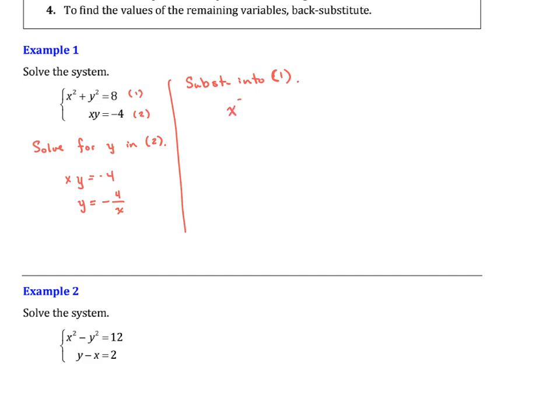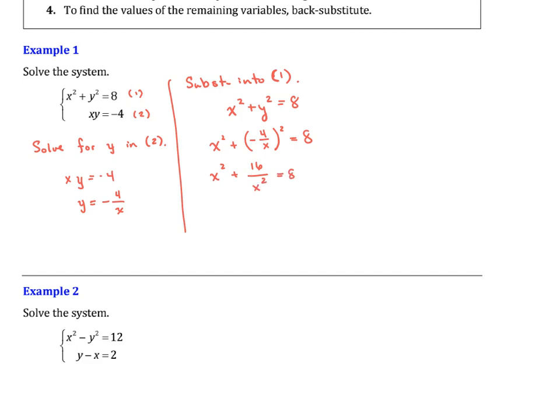So x squared plus y squared equals 8 becomes x squared plus (-4 over x) squared, because that's y, and that should equal 8. That gives us x squared plus 16 over x squared equals 8.